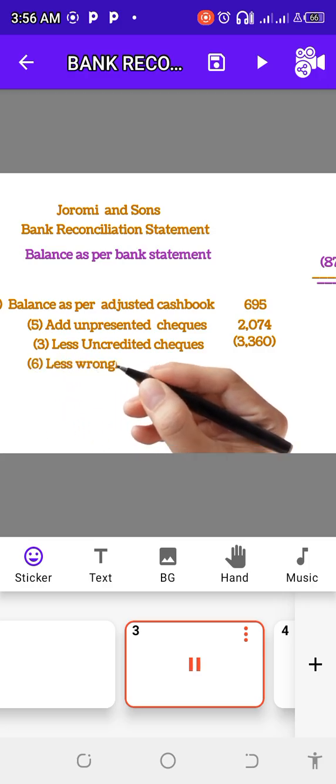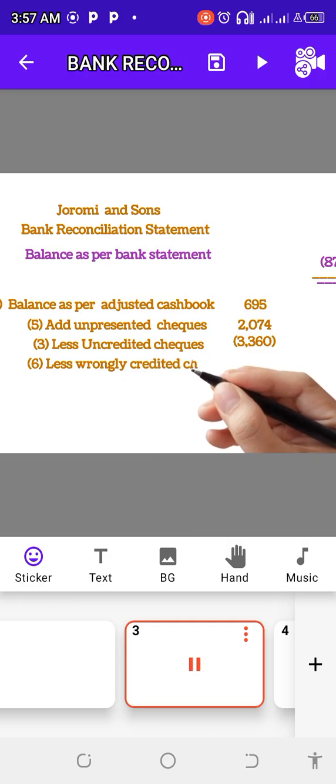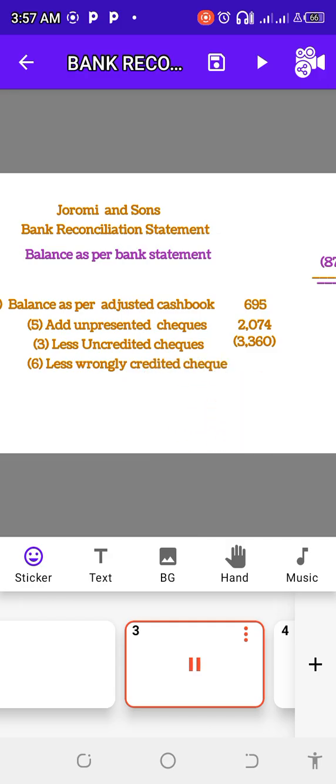Yes, there was a wrongly credited amount by the bank to Jerome, and that amount is $504, and that amount should be deducted here because it was wrongly credited to Jerome, so we have to reduce it from this one.